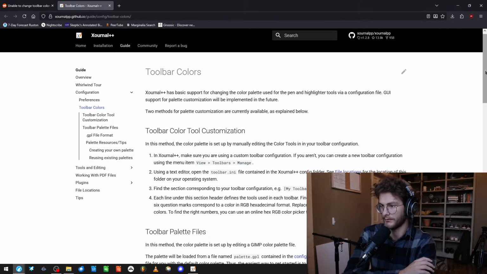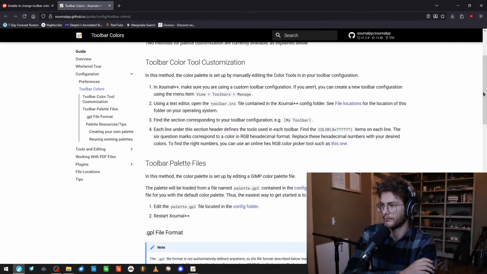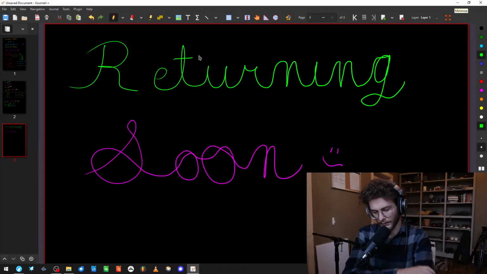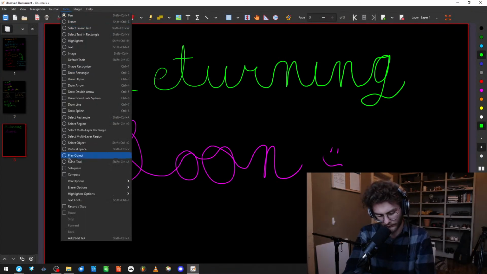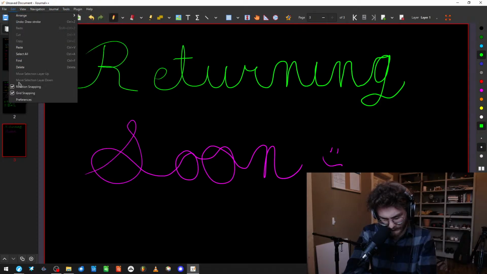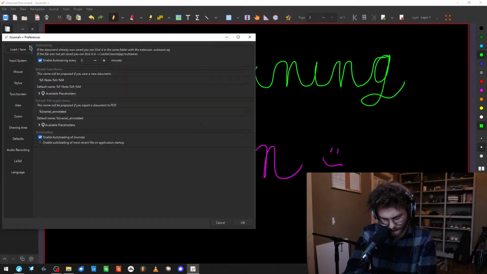See, we have the customized toolbar. You can drag in different colors. Okay. Let's see. Customized toolbar. Default tools. Edit. Flailing a little bit here.